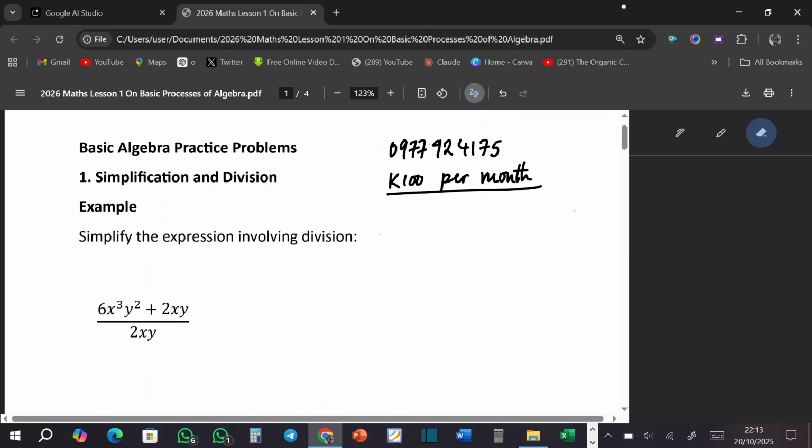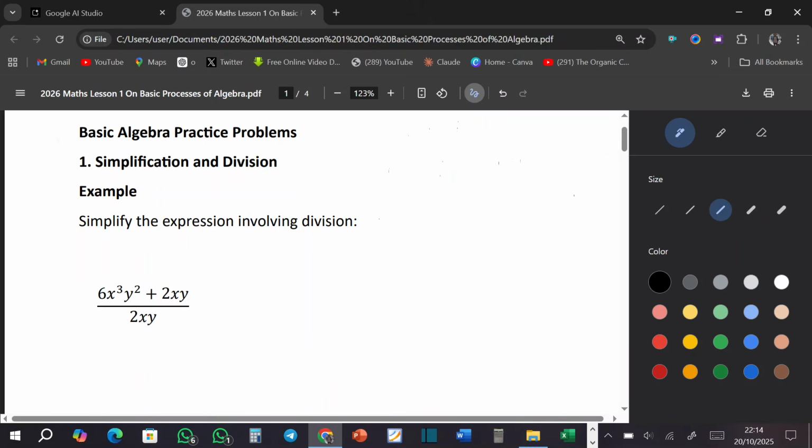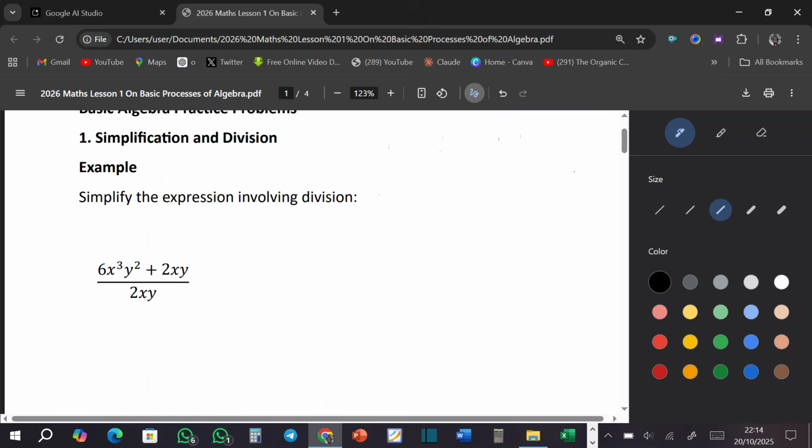All right, having said this, let's go straight into this wonderful mathematics lesson. So basically, algebra practice questions, like common questions that you'd find. So on simplification and division, for example, simplify the expression involving division here.